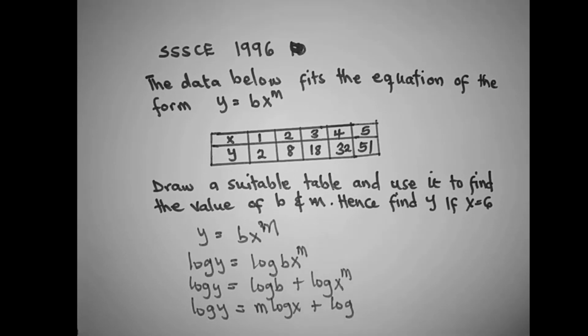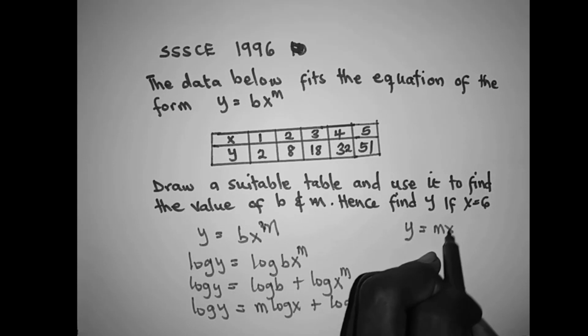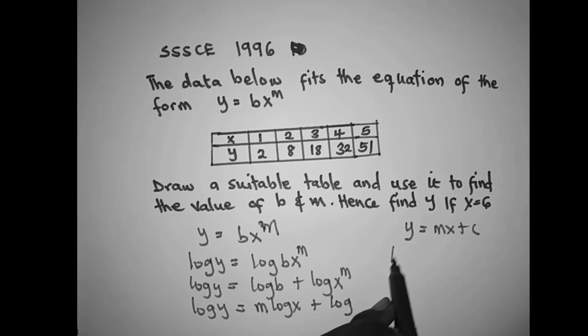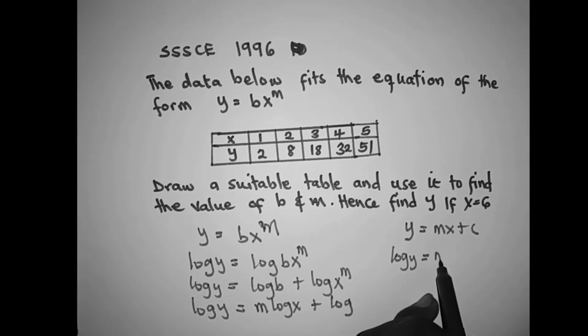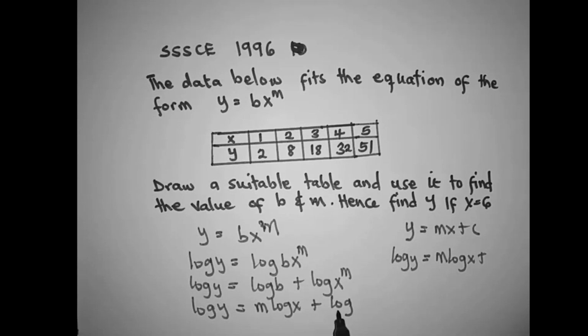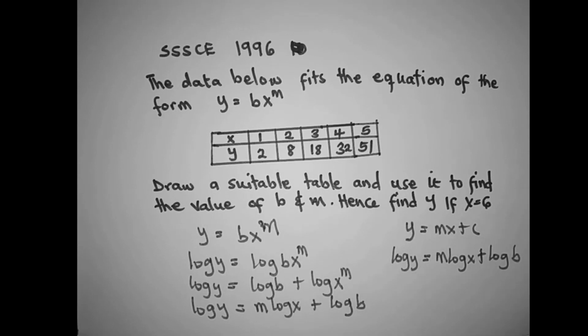What does this mean? Remember the equation of a straight line is y equals mx plus c. So in this case log y equals m times x, which is log x, plus the c, which is the y-intercept, which becomes plus log b.